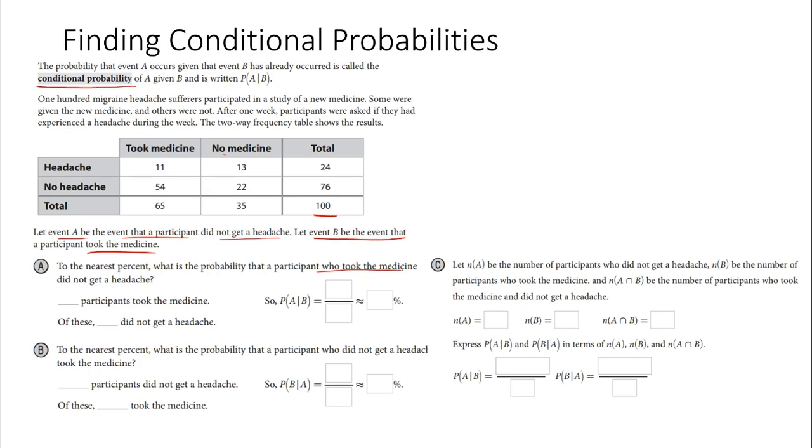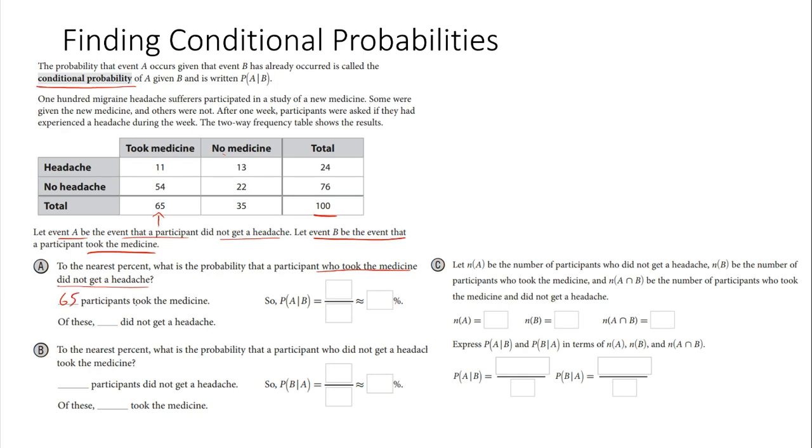We have to consider, given the situation, that we did not get a headache. Now, how many participants took medicine? Participants who took the medicine, I'm seeing a total of 65 people.